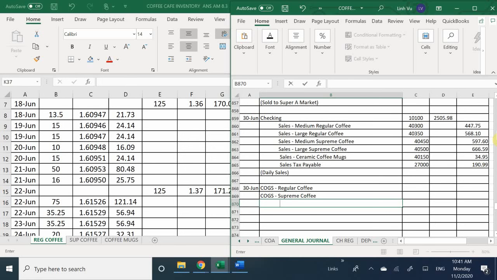So, what would my credit account be? What did I take it out of? Inventory. What kind of inventory? If coffee's my inventory, then what specific coffee did I take it out from?